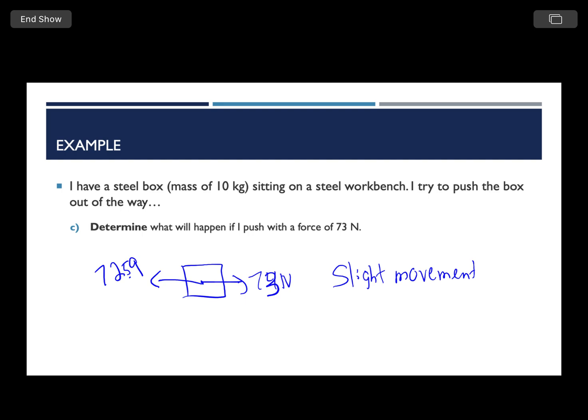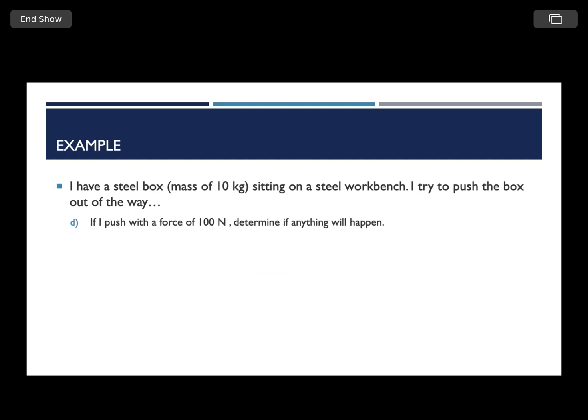Okay, so let's take a look at what happens if I push with 100 newtons. Awesome, something will happen, right? Now, I'm not going to worry about the gravity and the normal. They cancel each other out. So I know that the net force is going to be my applied force minus my frictional force. Now, once I get over that, I should probably find my kinetic frictional force.